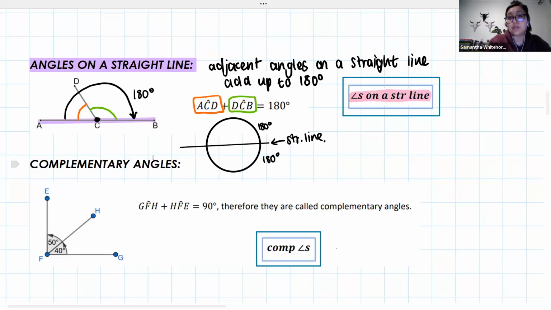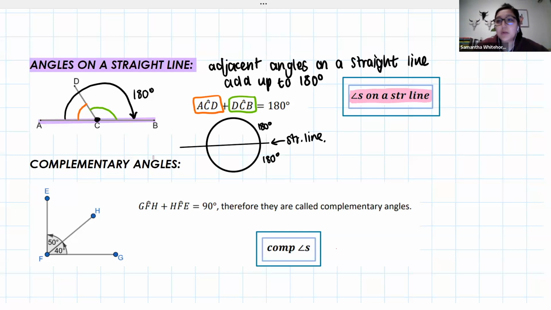Or if you're going to use supplementary angles, that's absolutely fine as well. I use angles on a straight line. That is the reason I am going to use. But for like the 7 millionth time, if you have learned another reason, if your teacher has given you another reason, I am fine with you using the other reason. Okay, so that's the first reason we're going to look at.